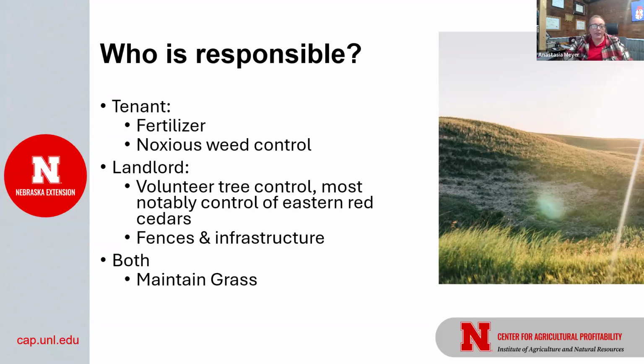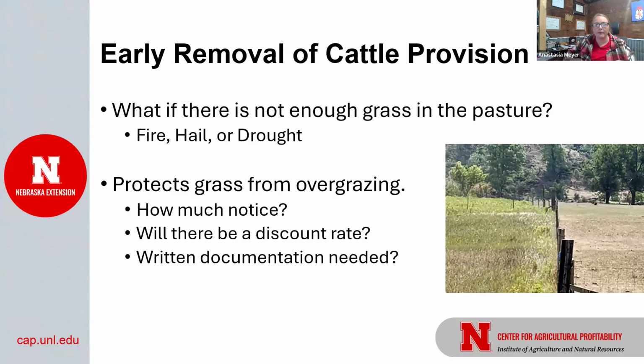The landlord, kind of both parties are really responsible for making sure that cedars are taken care of, fences, infrastructure. And a lot of times in the pasture, we see that shared responsibility because both parties are responsible for making sure that the grass is protected and maintained and not overgrazed.